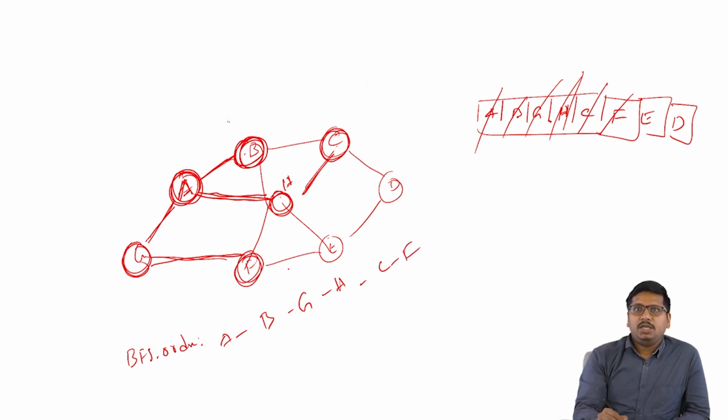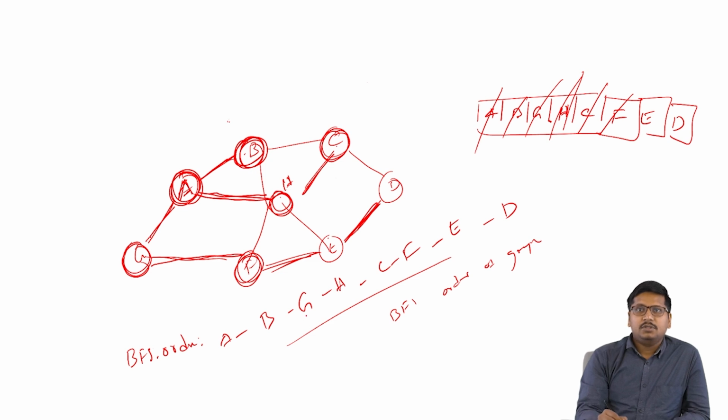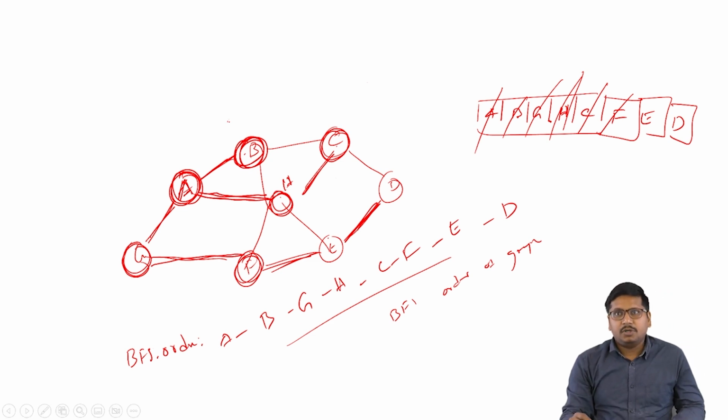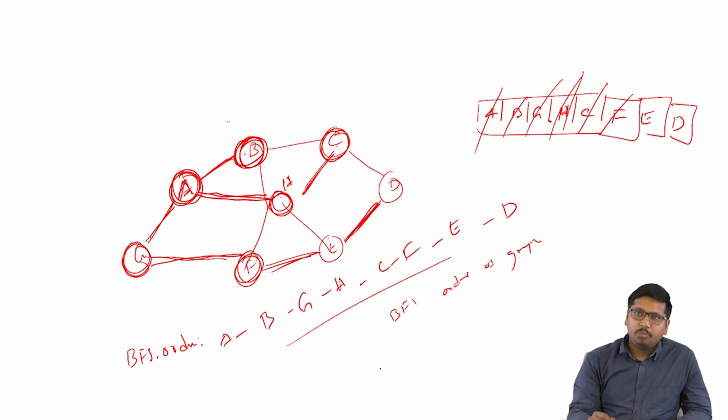And next one is E. So E is also there, E and then D. So this should be the BFS order of the given graph, right? So like this, we're going to traverse each and every edge and every vertex of the graph, and then be able to find the BFS order.